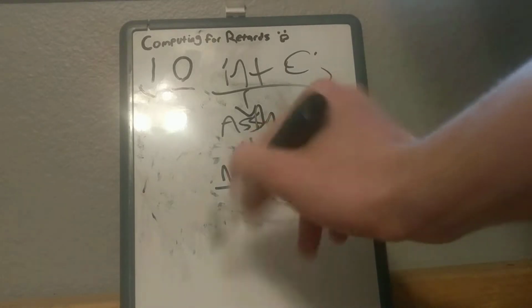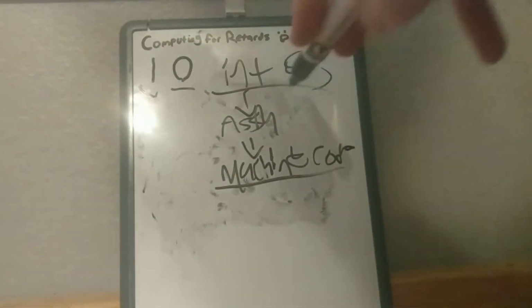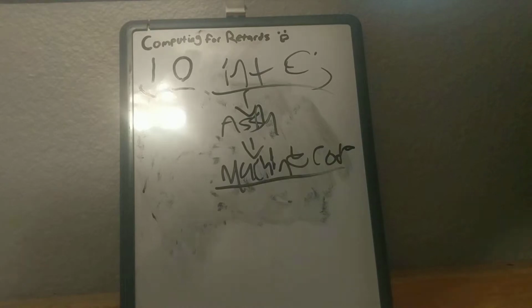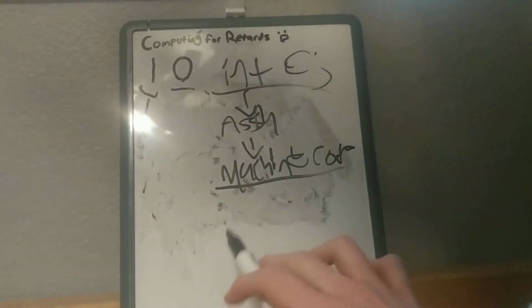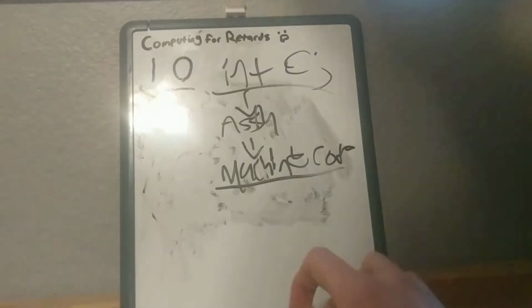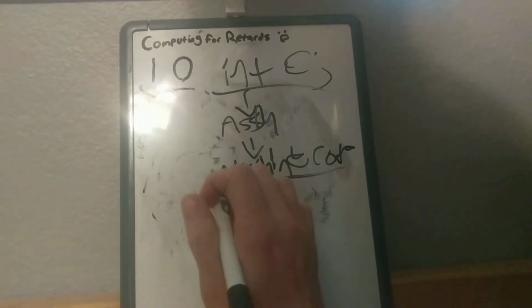But yeah, so your computer understands machine code. It's ones and zeros. Alright. Now you might wonder what this machine code looks like. I'm going to use a hex example because it's just the easiest. Machine code has these things called opcodes.